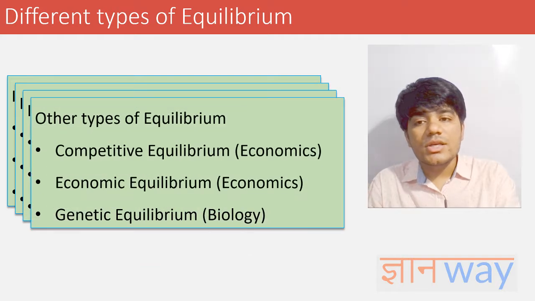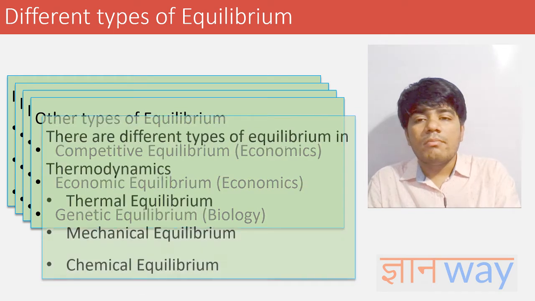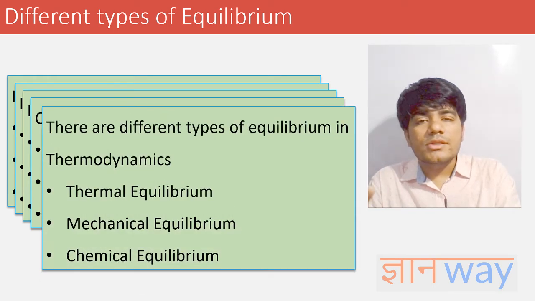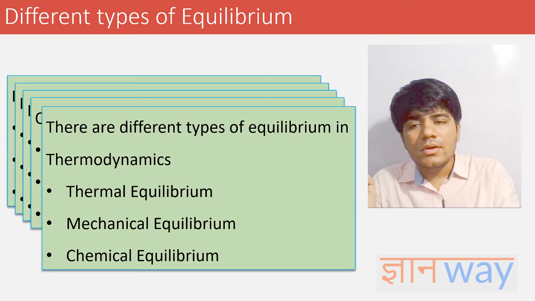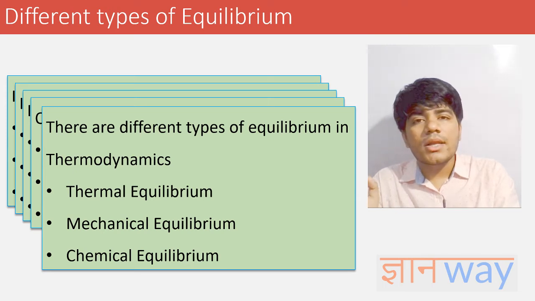Even students of economics and biology learn about equilibrium, like competitive equilibrium, economic equilibrium, genetic equilibrium. But we will restrict ourselves to thermodynamics: thermal equilibrium, mechanical equilibrium, and chemical equilibrium.